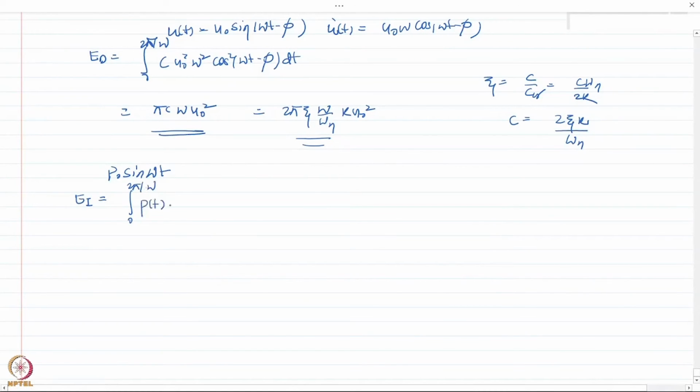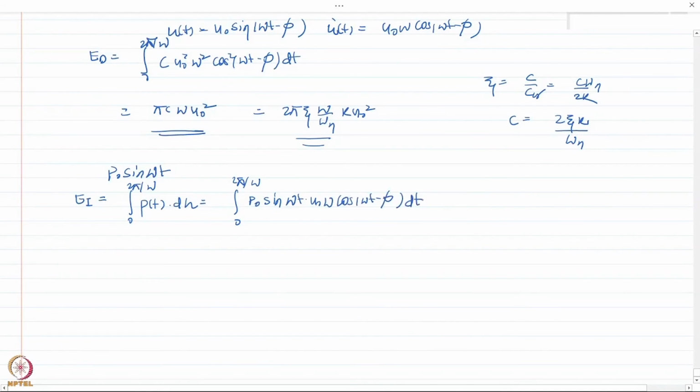I can write this as pt times du, which is P naught sine omega t, and du I can write as u dot times dt, which I can further write as u naught omega cos of omega t minus phi times dt.